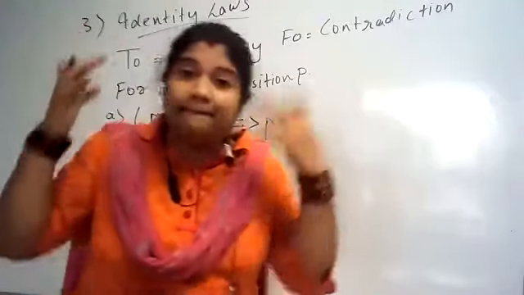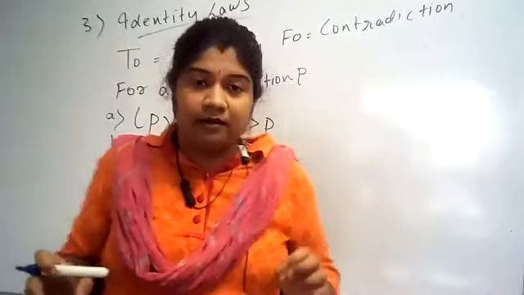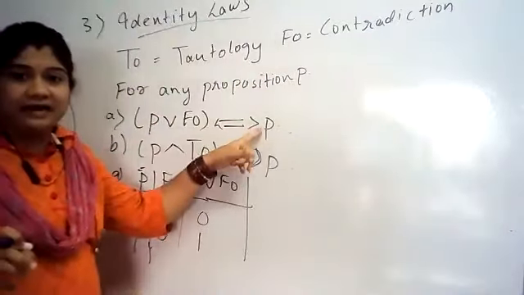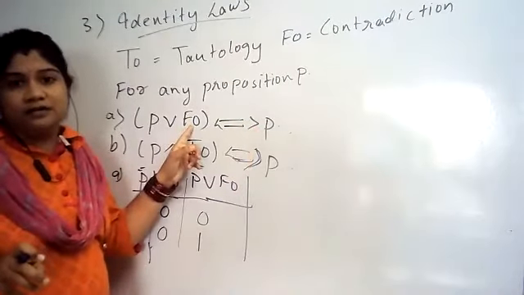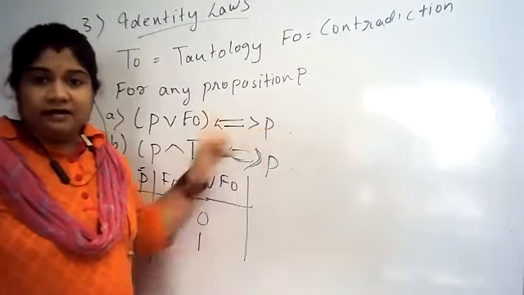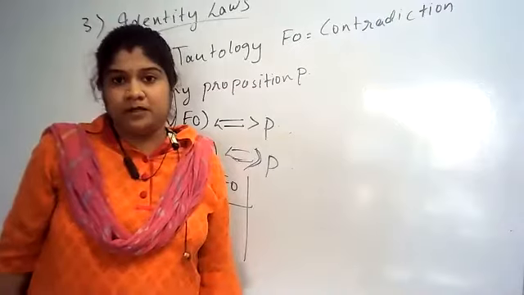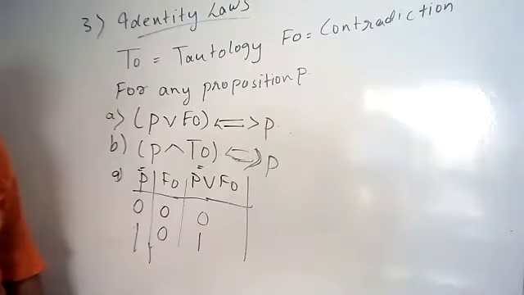That is idempotent. Identity means the last result should be P. So you need to remember this, no other option. P disjunction F0 is logically equivalent to P. P conjunction T0 is logically equivalent to P. So this is how we need to study.